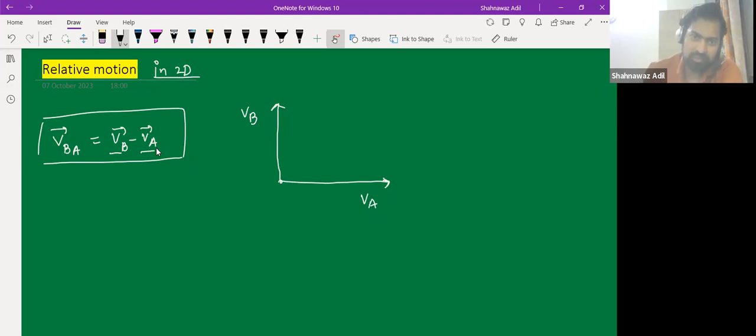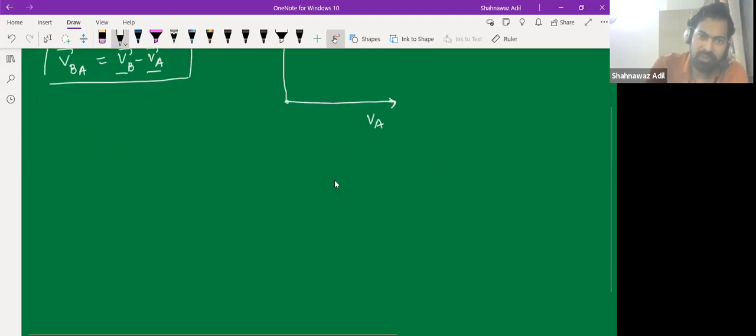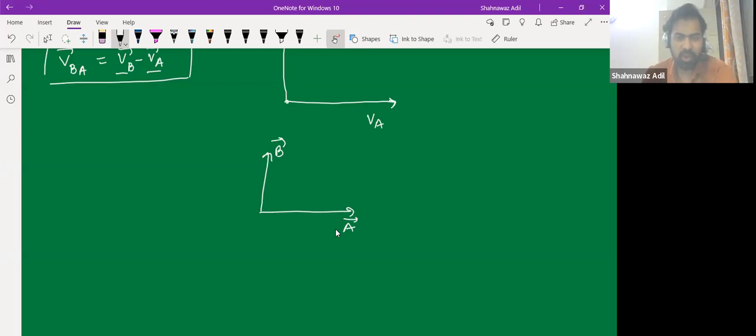If we have two vectors, let's say this is A vector, this is B vector, and we are subtracting A minus B, what did we do in that case? For the subtraction of the vector, do you remember, Rishita?